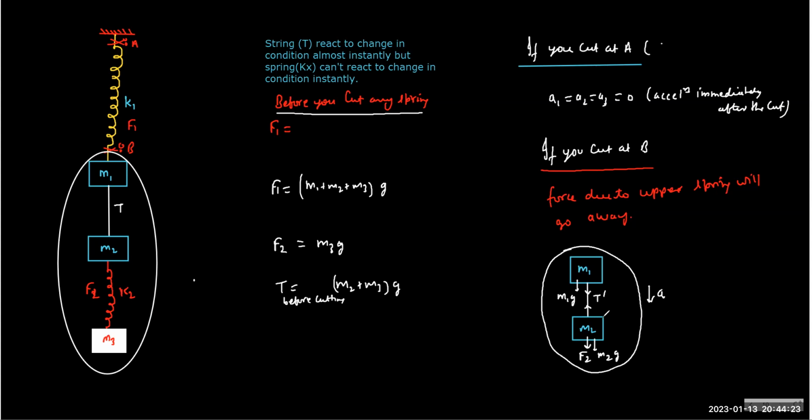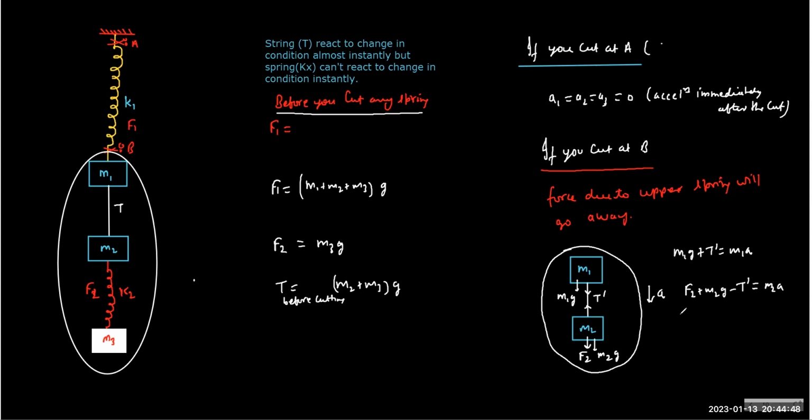So now you are supposed to write the equation for M1 and M2 with the new tension value. So we can write M1G plus T dash equals M1A. And for M2, what can we write? F2 plus M2G minus T dash equals M2A. Do you realize this? Yes, sir.